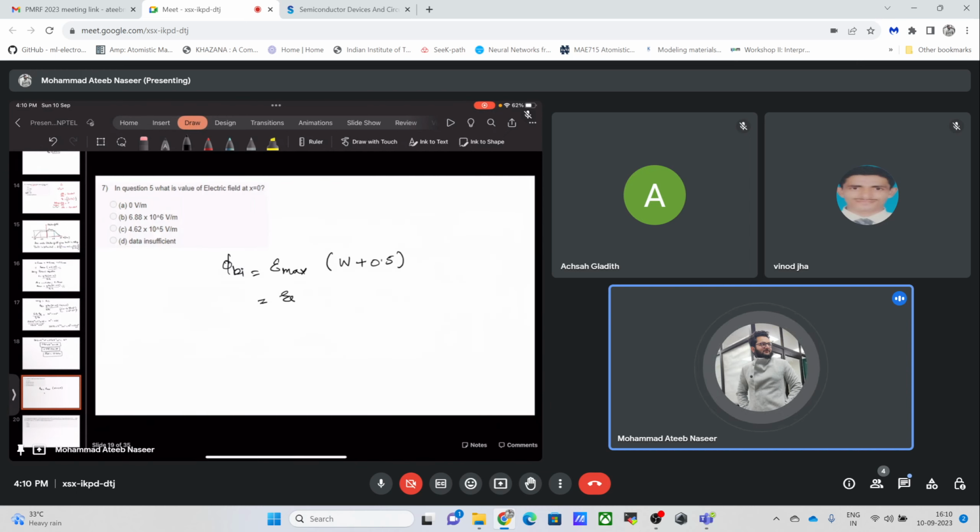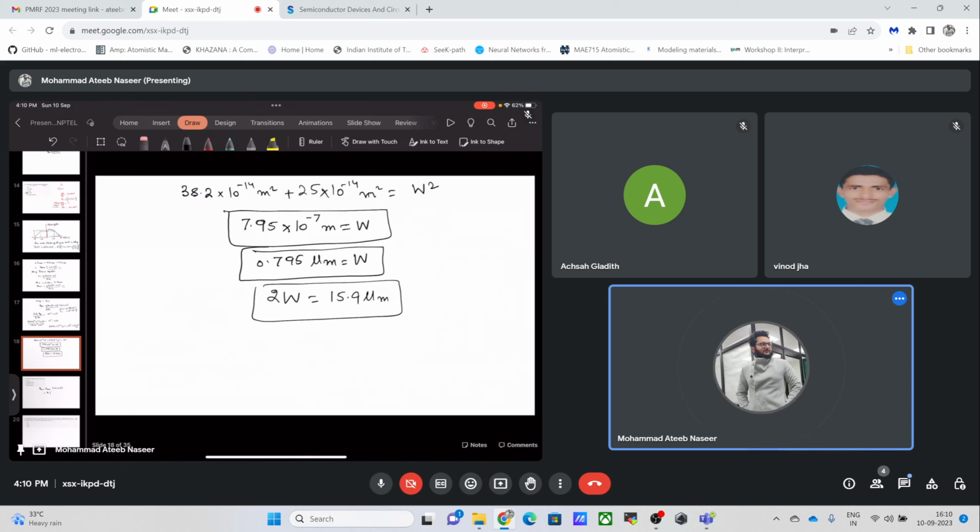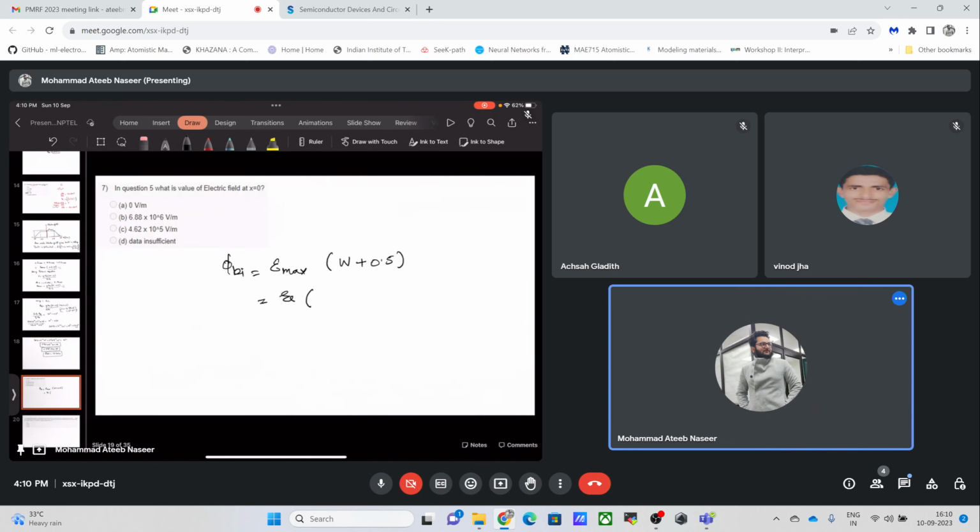So E max is simply, W came out to be equal to 0.795, it is in micrometer. Let's be careful about this thing. Plus 0.5, it is in micrometer, which means 10 to the power of minus 6. Okay, phi bi is 0.6.